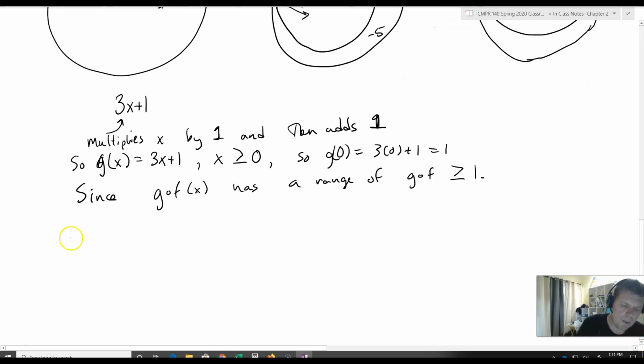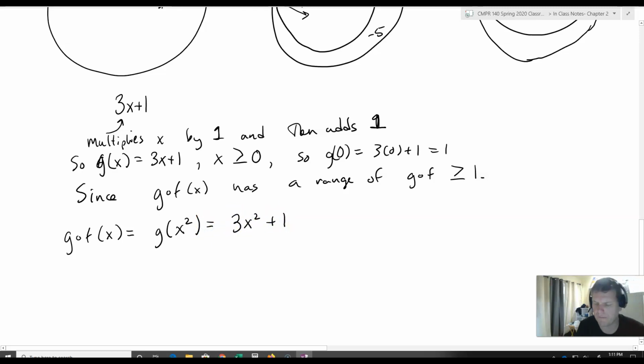Now, we have seen this before, okay? So g of f of x is going to equal g defined at x squared. And if you remember from your algebra, that's then going to be 3x squared plus 1. That's our new function.